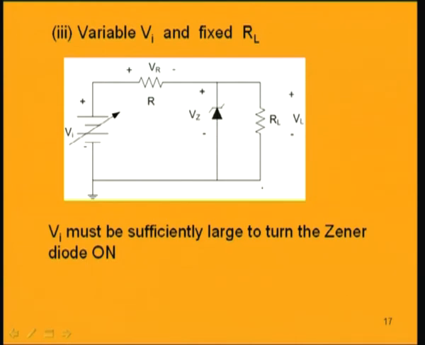Now, this Vi, in order to find the minimum condition, how small Vi may be in order to turn on the Zener diode, that condition we will find from the fact that Vi must be sufficiently large to cause the Zener to go into the breakdown state.